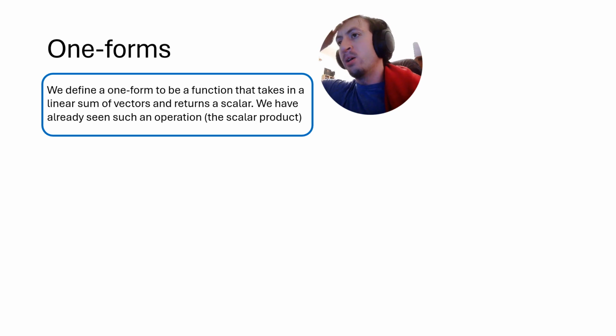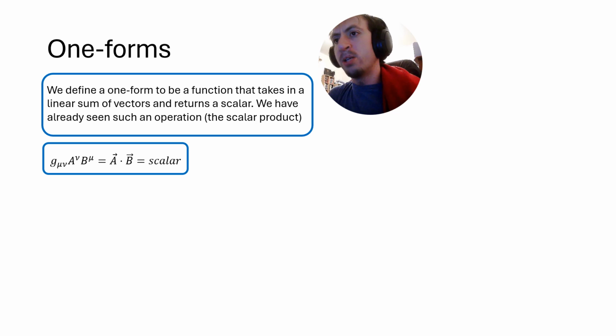Now, if we're thinking of operations we've looked at in this video where we have a vector and we get a scalar quantity, we can see that a one-form will have something to do with the metric and finding the distances between points. Building on that, if we remind ourselves about the definition of the square of the distance between two points, between points at the tips of our vectors A and B, we defined it according to this relationship, where we can see the components of our metric tensor and the components of our two vectors.